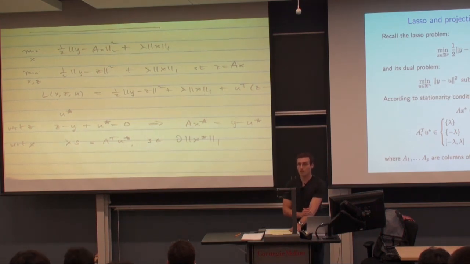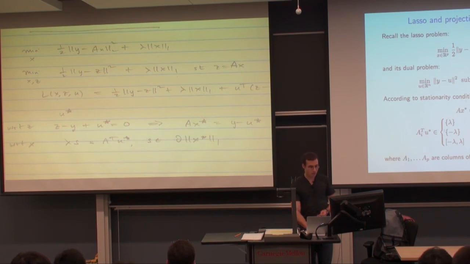So that's what happens at the solutions also. I've written that down here a little differently on the slide. Each component of this vector is a subgradient of the ith component of x star. So it's equal to lambda if x star is positive in that coordinate, minus lambda if it's negative, and it can be anything between minus lambda and lambda if x i is 0. So this is a relationship between the primal and dual variables.